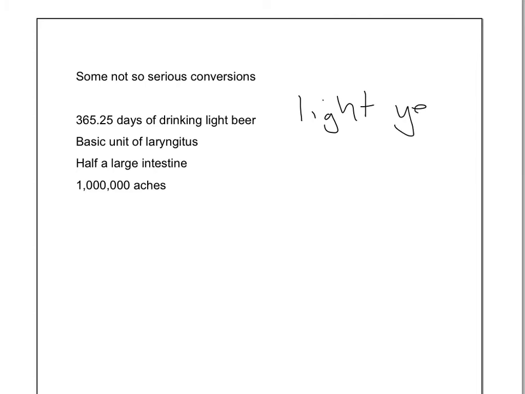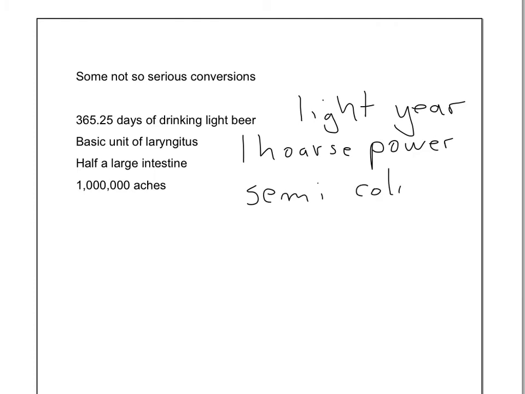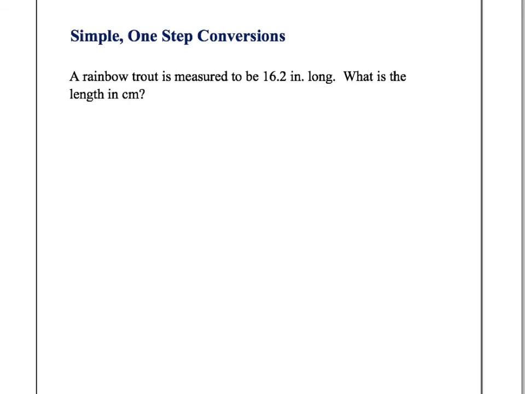The basic unit of laryngitis is 1 horsepower. Half a large intestine is a semicolon. Haha. And 1,000 aches is a megahertz. Okay, I don't know if those are funny or not, but I thought you might like those.